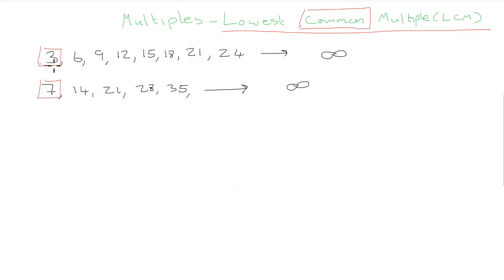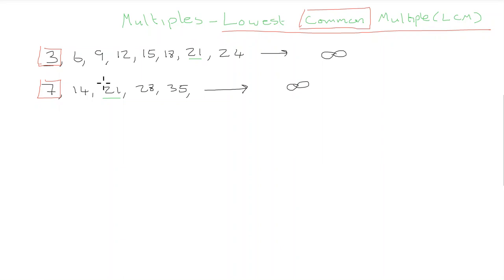So first of all, let's underline what are the common multiples of 3 and 7. So what multiples have we got that are common? So we have 21, and there are no other common multiples between 3 and 7.